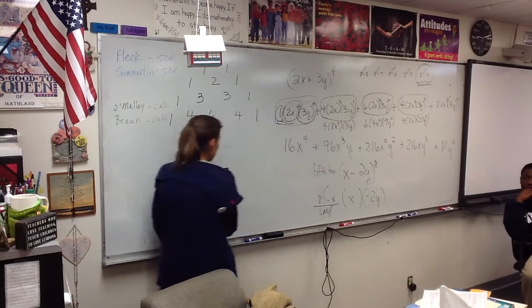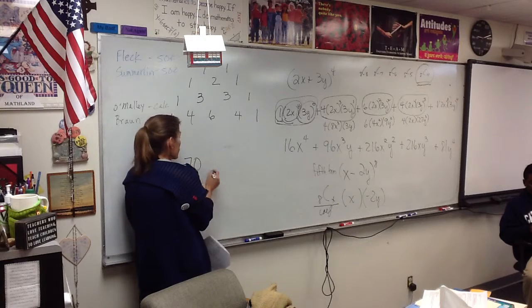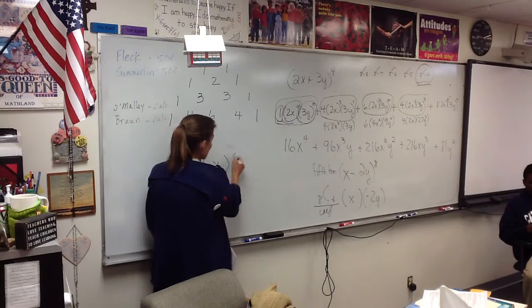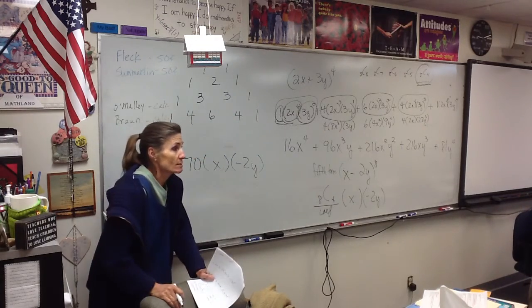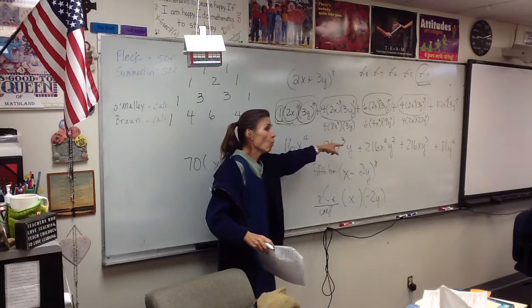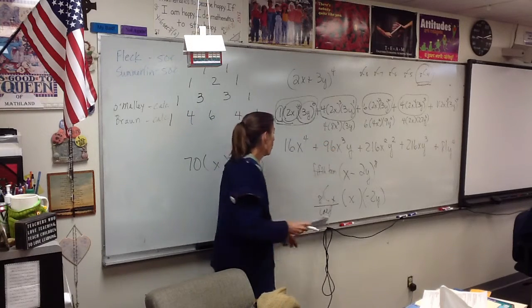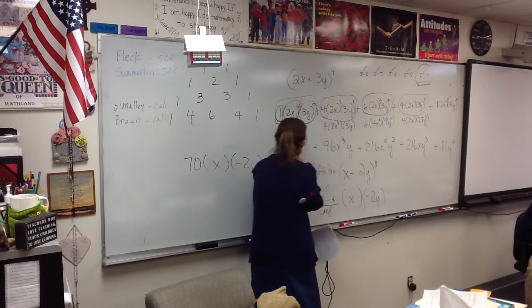What is 8C4? Yeah, the value. 70. So my coefficient is 70. And now all I have to do is figure out my exponents. If I were writing out the whole row, what would be the power on this guy in the first term?